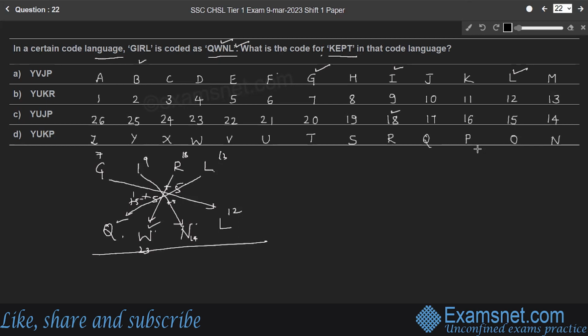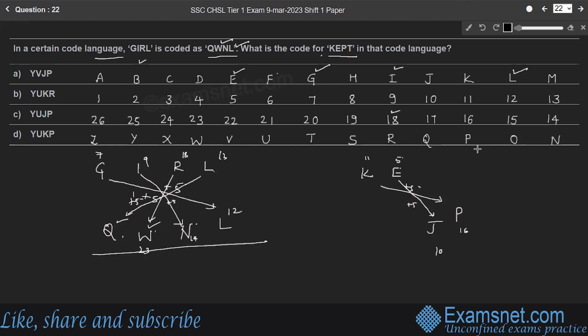In the same way, kept is coded as. So here, positional value of K is 11. 11 plus 5 is 16. So 16 is the positional value for P. Whereas positional value of E, so in kept, yes, E is 5. 5 plus 5 is 10. 10 is the positional value for G, right?